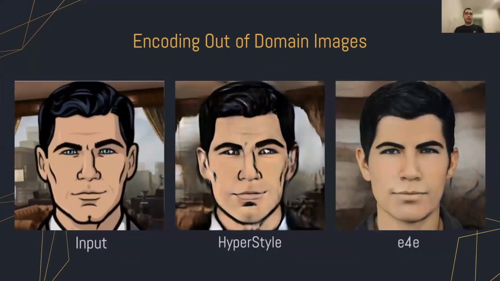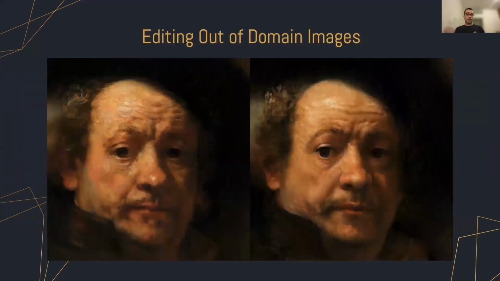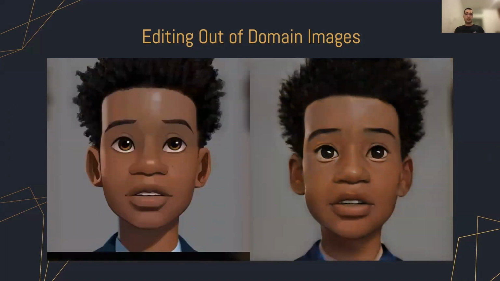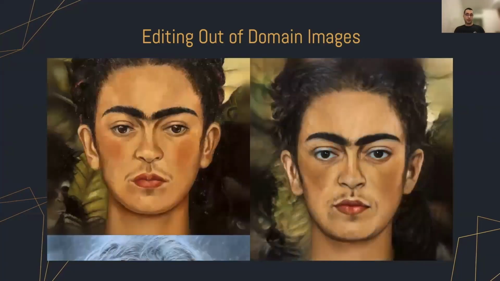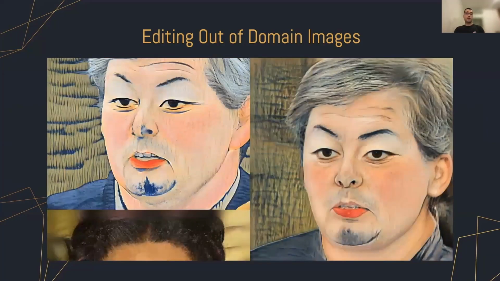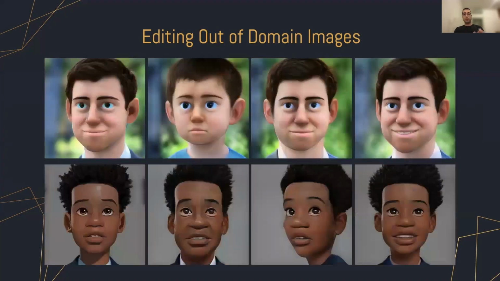As you can see here, the reconstruction itself is not perfect. There's still a bit of artifacts, but it's still quite nice to see that we're able to improve over standard encoders. And a few more results of encoding paintings and animations and things like that. White Walkers even, so pretty cool things. And this ability to encode these animations and paintings allows us to, of course, perform edits on them, which is quite nice to see.